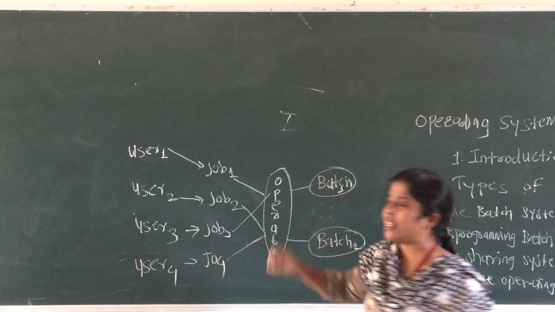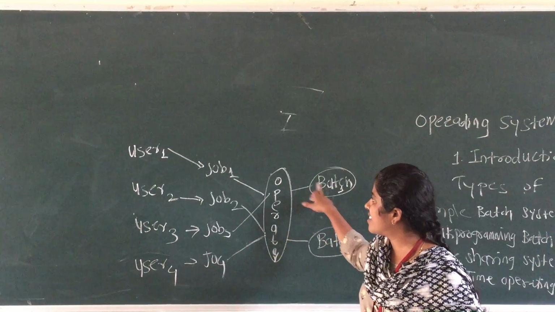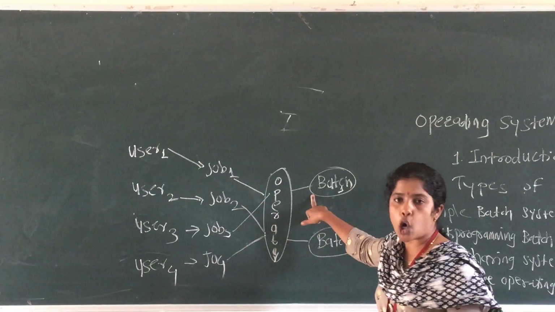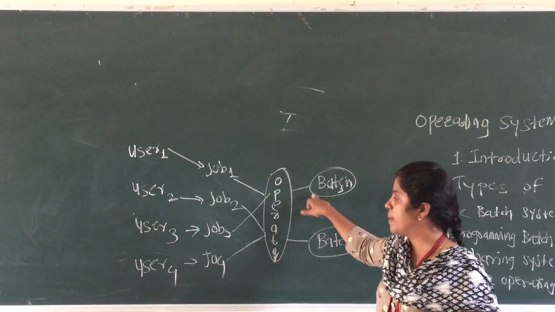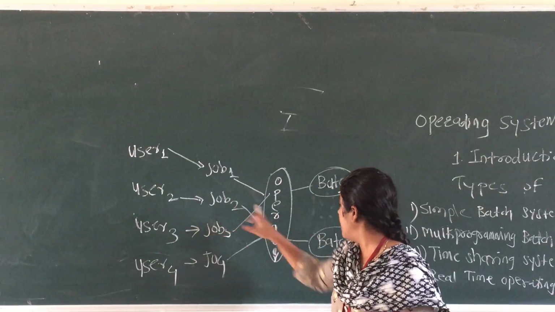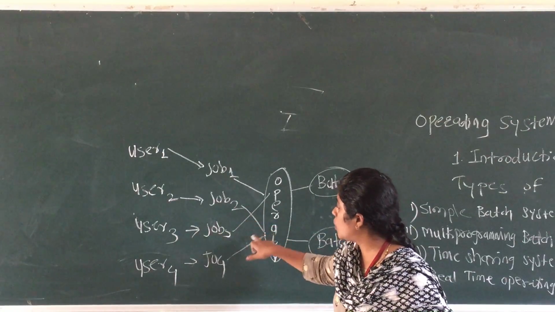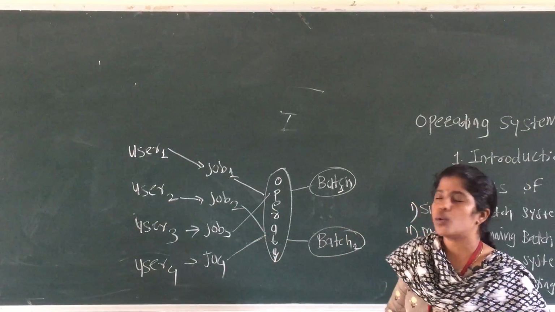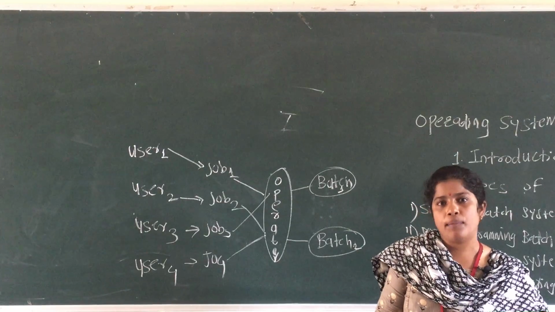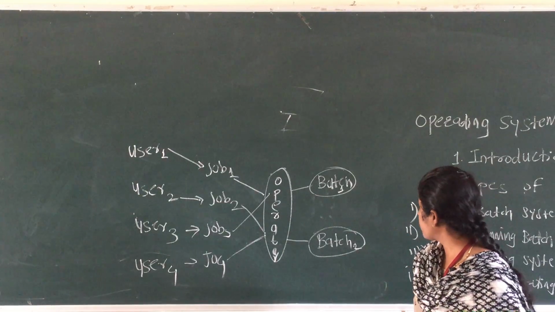Batch 1 consists of job 1 and job 3, which require the same types of resources to execute, and batch 2 consists of job 2 and job 4, which also require the same types of resources, right.